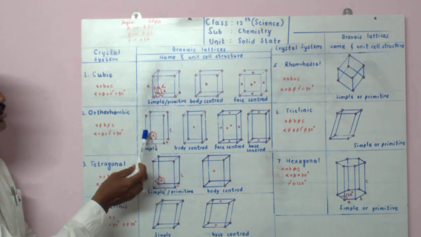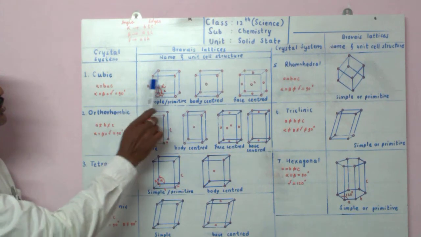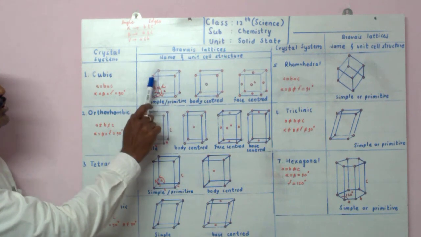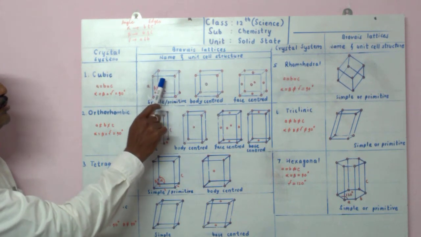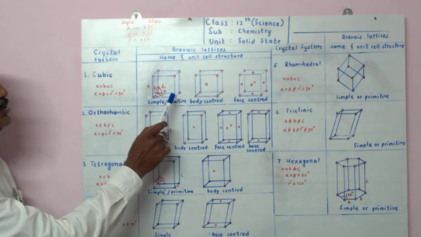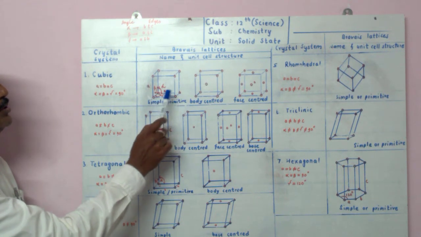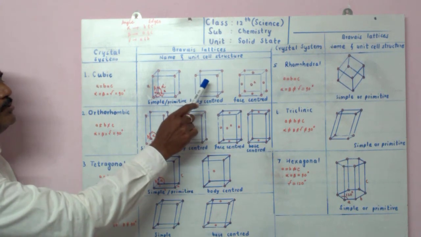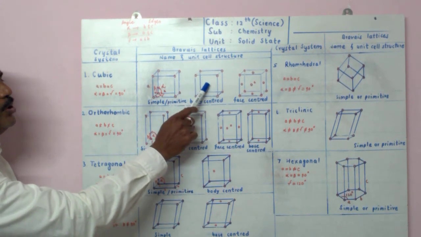So here, in simple cubic, particles are present at the eight corners of the cube. In body centered, at the corners as well as at the center of the body.